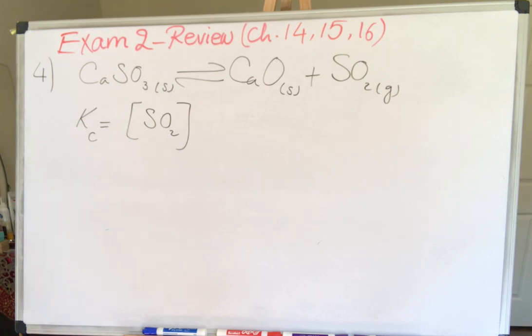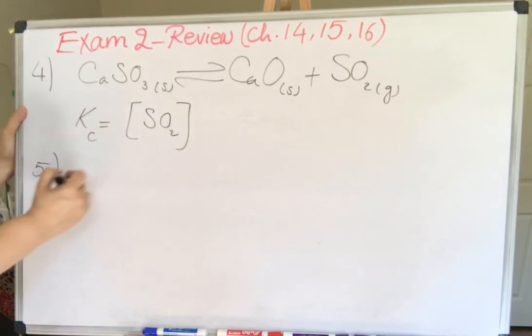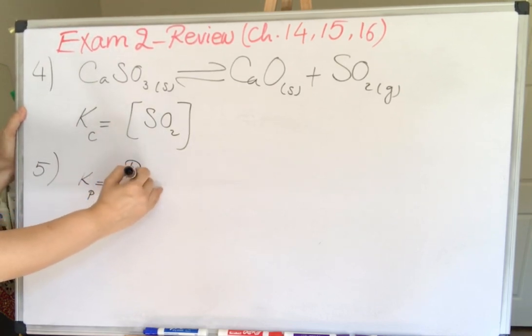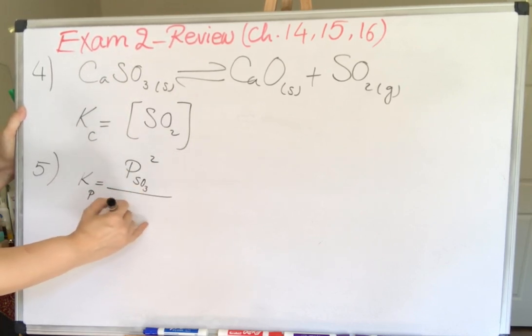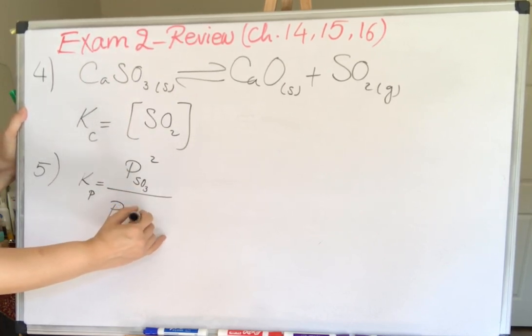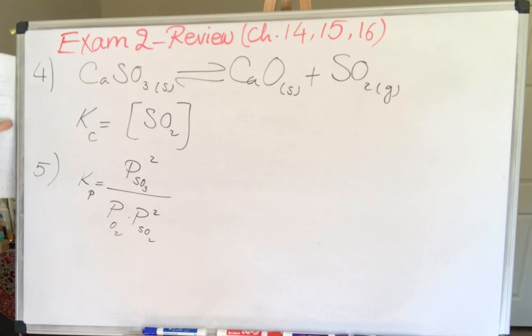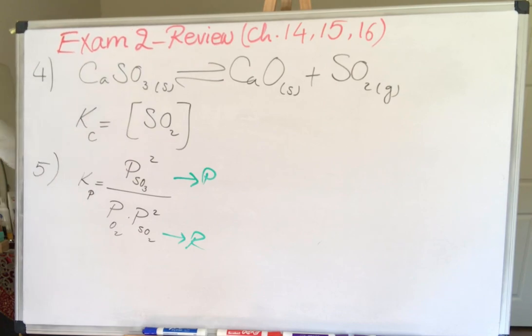For question number 5, what is the balanced equation? That's the opposite of question number 4. Kp is given. You know that instead of Kc, you can write Kp whenever all the components are gases. So PSO3 squared divided by PO2 times PSO2 squared. We know that the top is the products and the bottom is the reactants, and they are to the power of their coefficient.